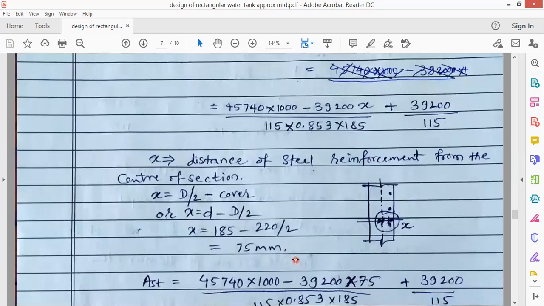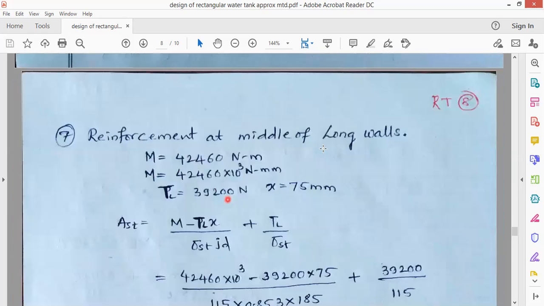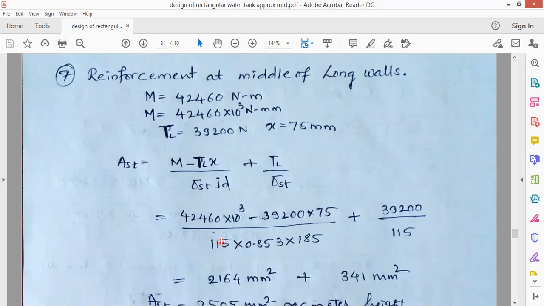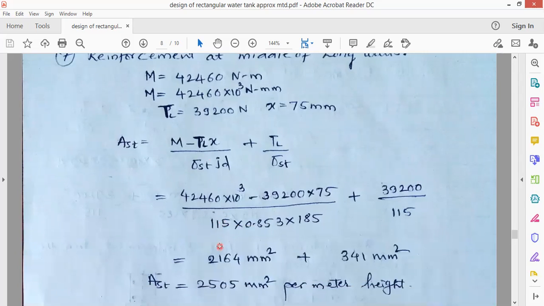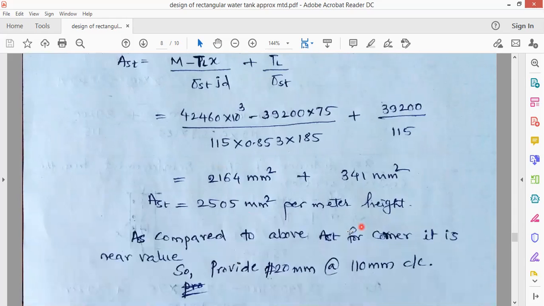For that central span moment, that is at the middle of the long wall, it is 42,460 Newton meter, and pull, that is 39,200 Newton, and X distance is 75 mm. Again, substituting in the AST equation formula, I will obtain AST equal to 2505 mm square per meter height.